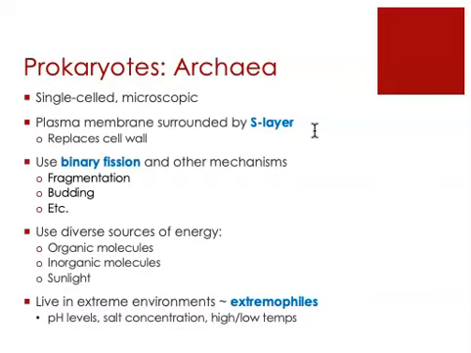You may have seen images of yeast reproducing by budding. Some archaea are capable of another form of reproduction called fragmentation. So the archaea just have a greater diversity of their reproductive processes than the bacteria do.